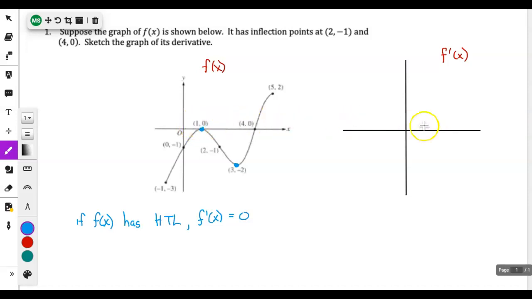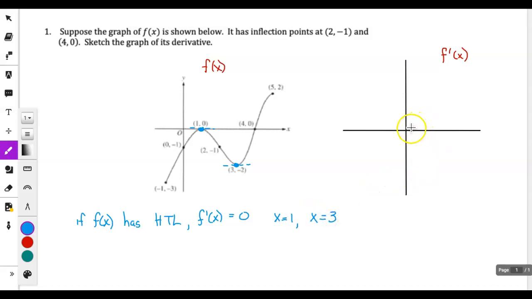Okay, don't get tricked. This one happens to be both, okay? But the only reason that I know my derivative equals 0 here and here is because I have horizontal tangent lines, which actually end up being a relative max and a relative min of the original. So I'm going to say the original graph has horizontal tangent lines, the derivative equals 0, and that's happening at x equals 1 and x equals 3.